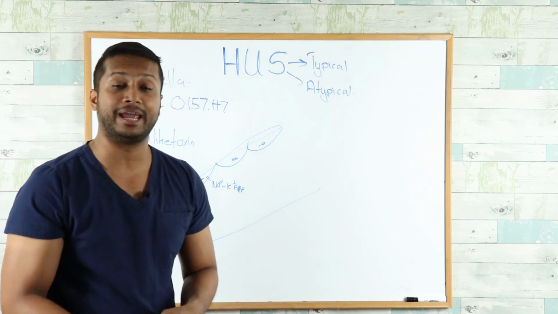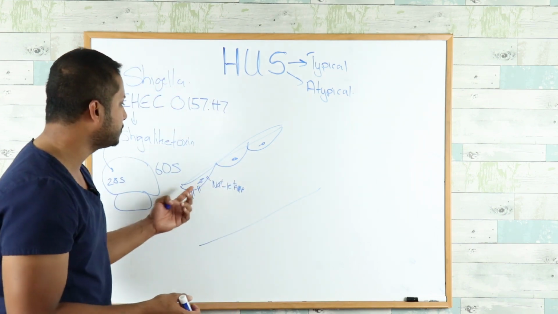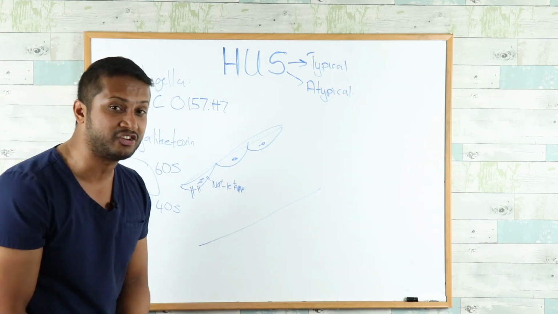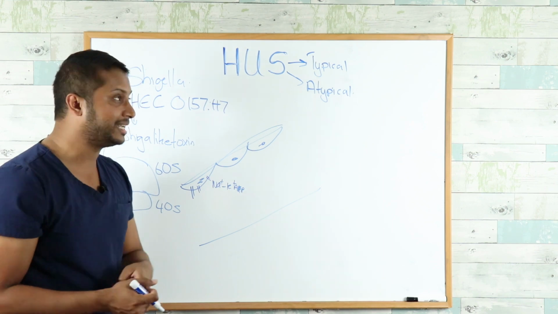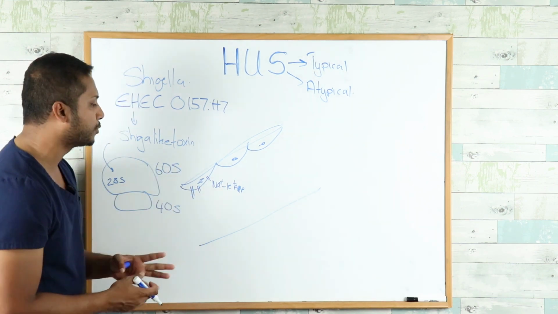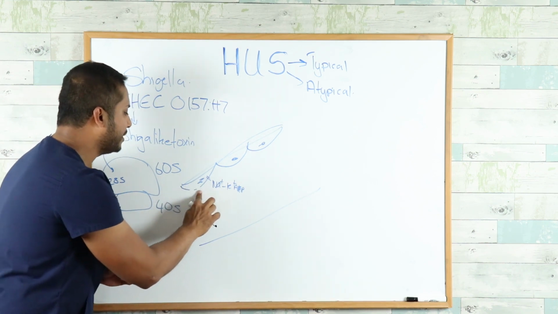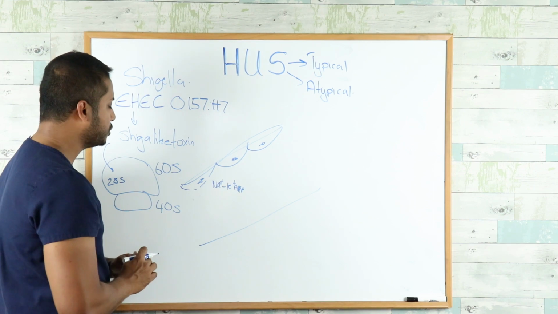So if this kid who has dysentery, bloody diarrhea, has EHEC and produces Shiga-like toxin, and the toxin inhibits protein synthesis in the cell, can you not form these sodium, potassium, ATPase pumps? Yes, right? You cannot form them.